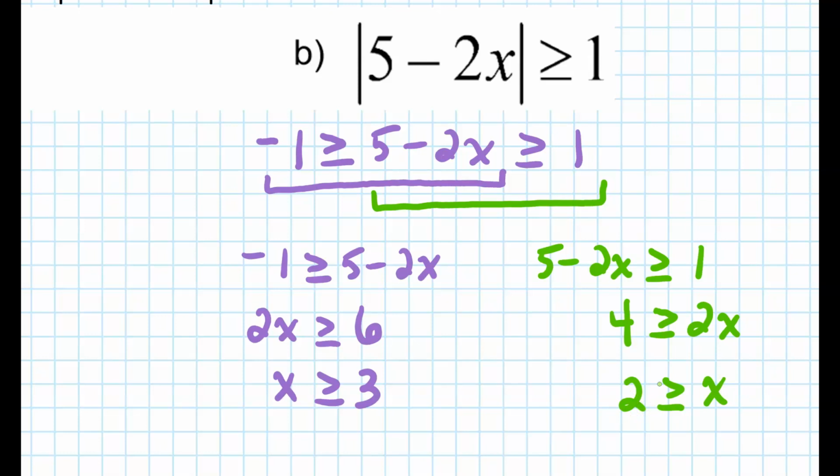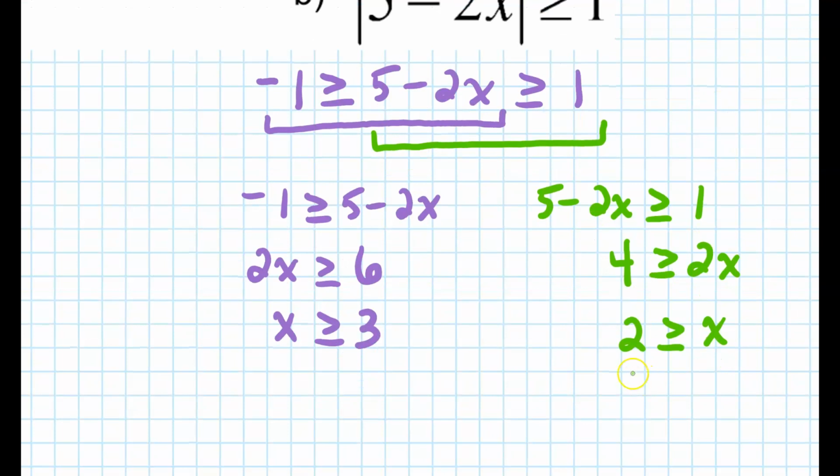So when I read this, it says 2 is greater than or equal to x, which I cannot visualize in my head. I can't wrap my head around that, so I just flip this around so that it looks like this instead. Do they mean the same thing? Yeah, they mean the same thing. It's just much easier for my brain to comprehend the x being smaller than 2 versus 2 being larger than x.